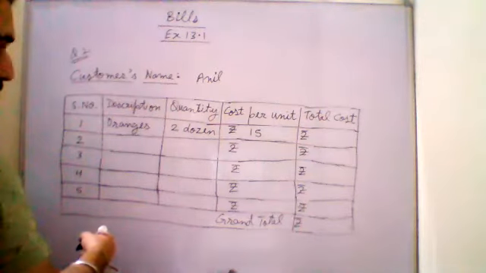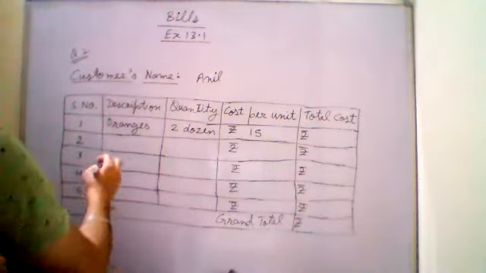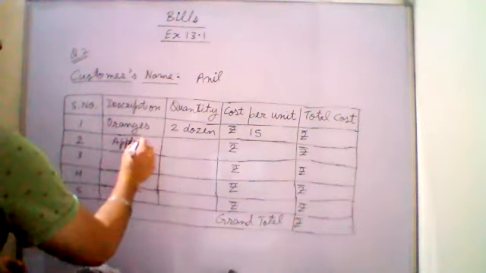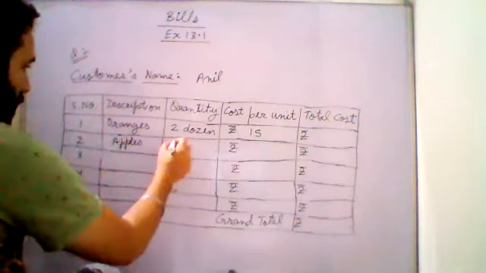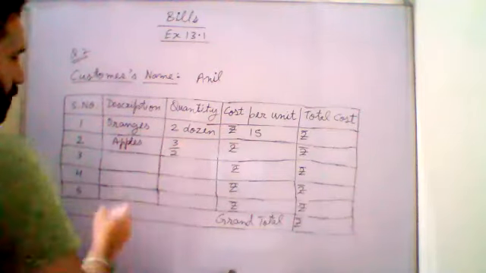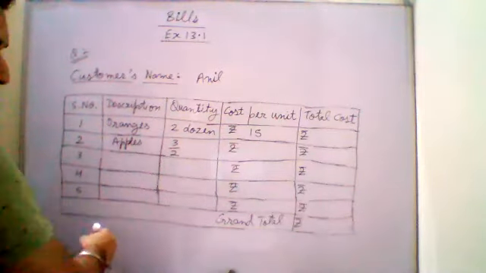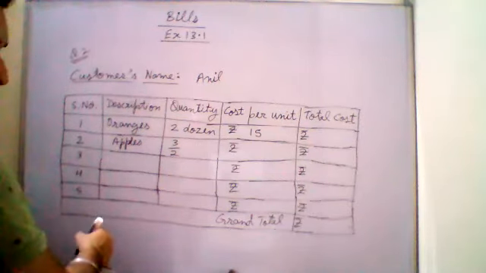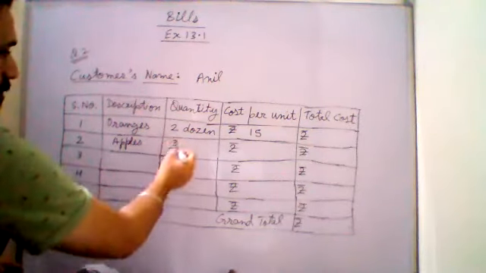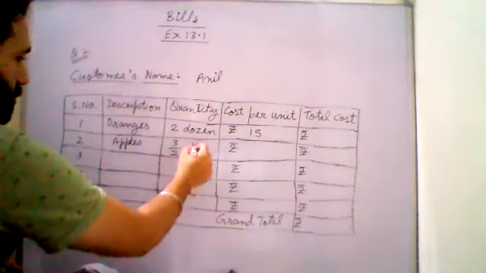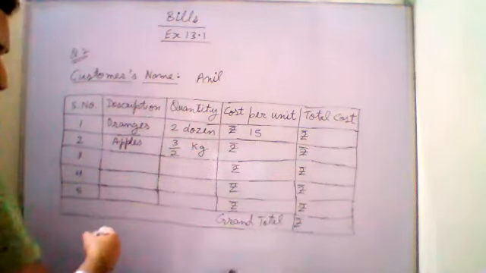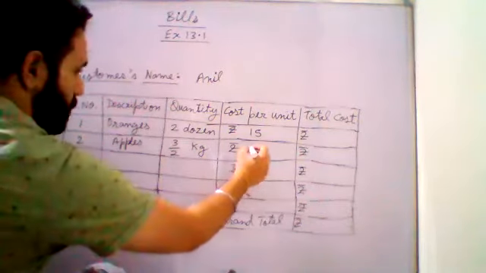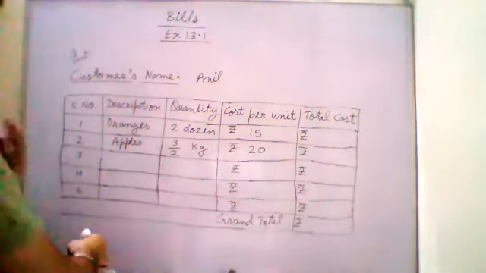1 1/2 kgs of apples. He bought 1 1/2 kgs of apples. 1 1/2 is also equal to 3/2. Do you all know how to convert a mixed fraction into an improper fraction? So this will be 3/2 kgs of apples. The price of apples is rupees 20 per kg.